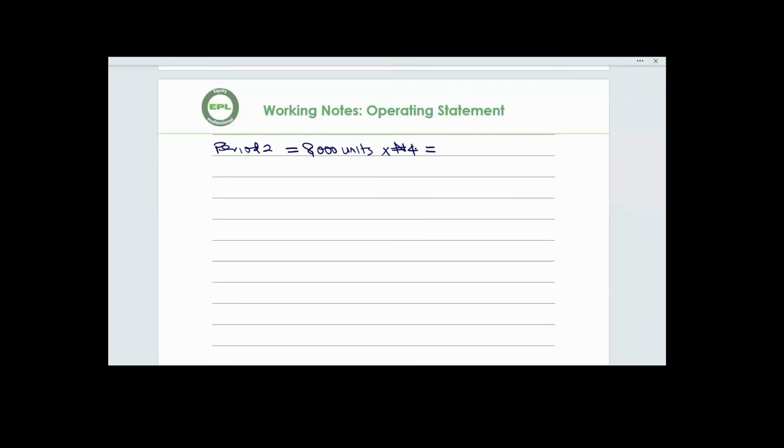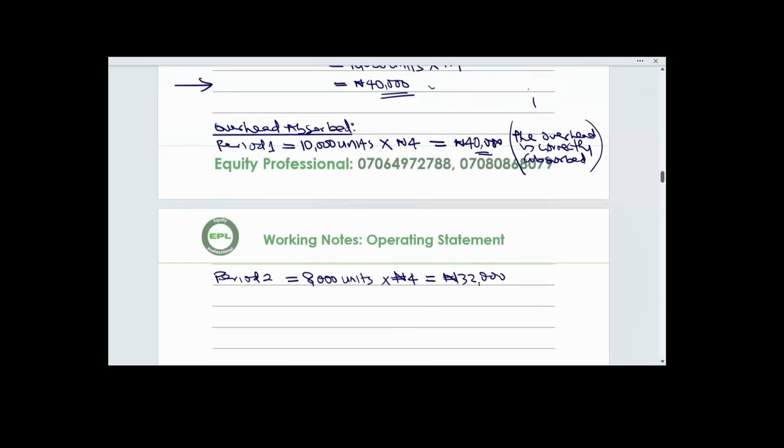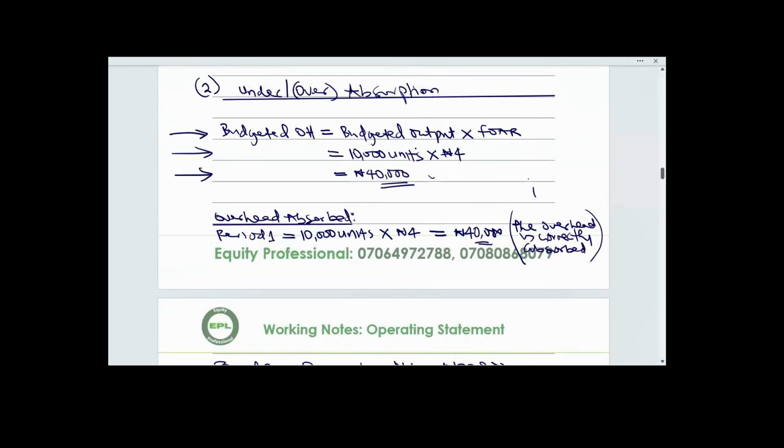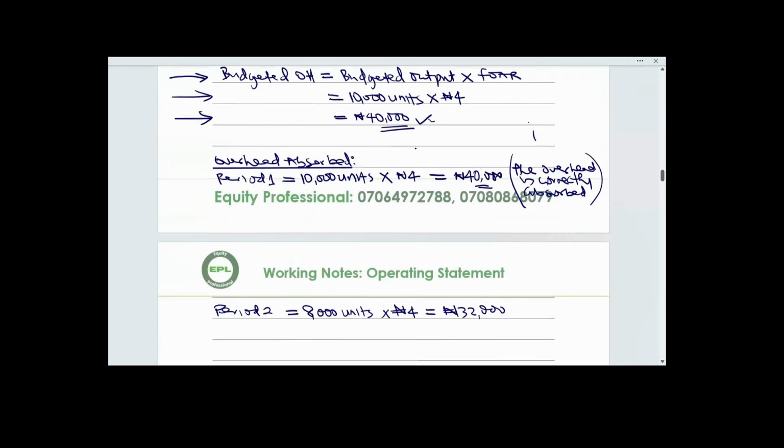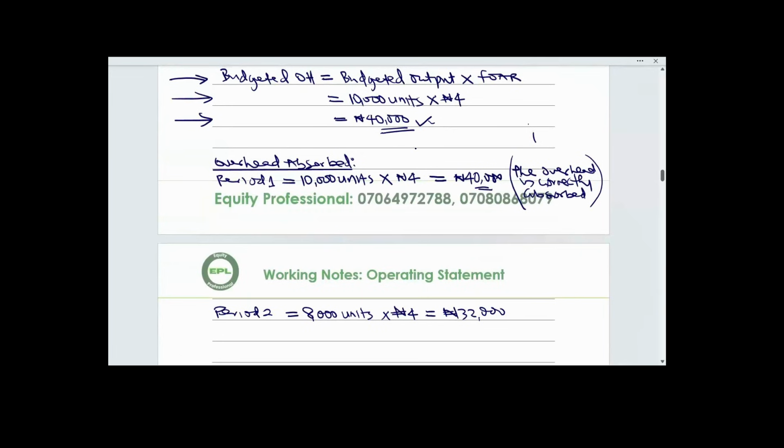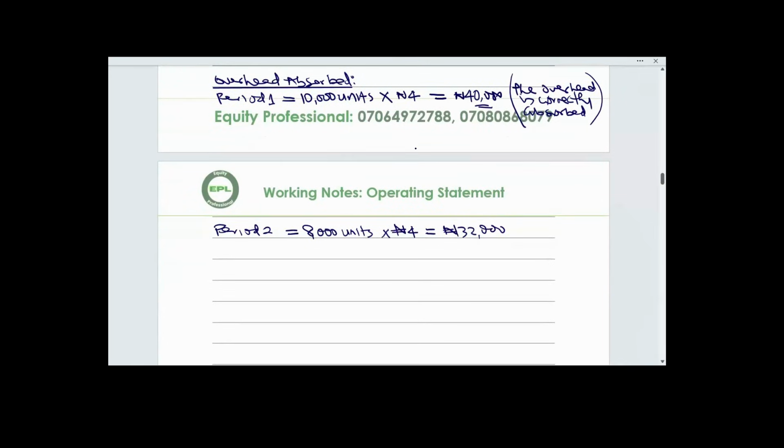This means that in period 2, we compare what we budgeted to incur, 40,000 naira, with the overhead charged to products. We were supposed to charge 40,000, but we allocated 32,000 to the product. That means we have under absorbed the overhead. So in this period, it is under absorbed.